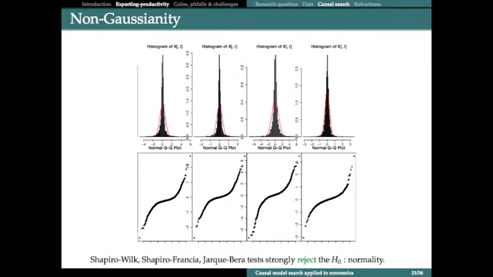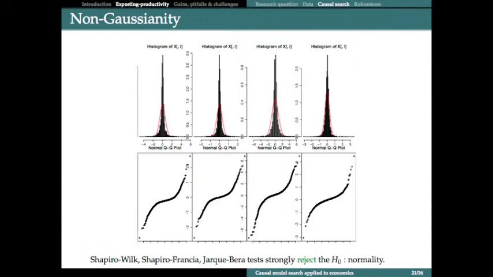Here I show the histogram of our data. This is an estimated normal distribution using the empirical mean and empirical standard deviation of our data, and we see that our data are much more peaked. They have high kurtosis, and they look very non-Gaussian.